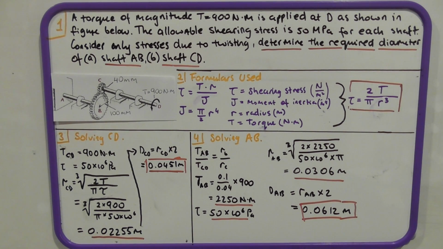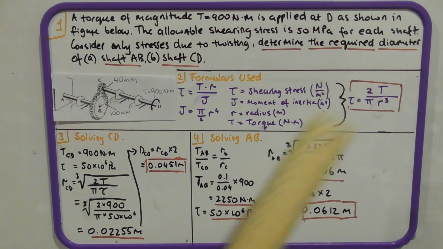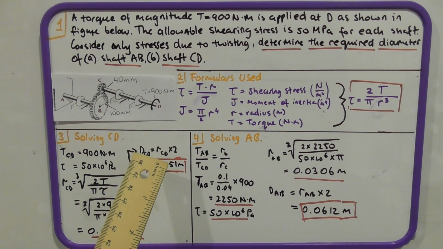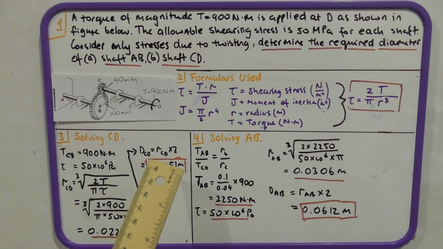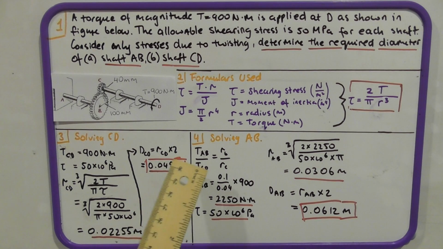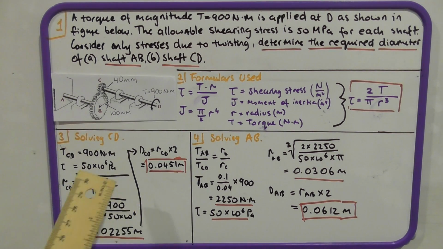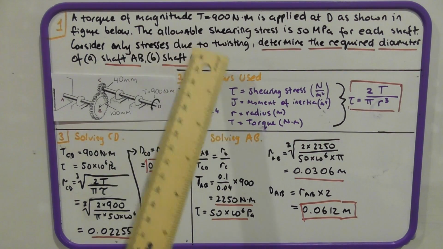Now, since the question asks for the diameter, the diameter for CD will be the radius at CD times 2, which will give us 0.0451 meters. So that's the first part of the question complete, the shaft CD.